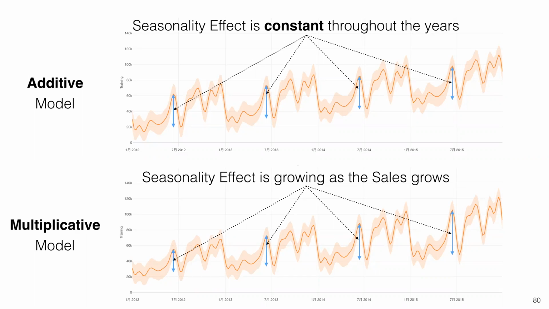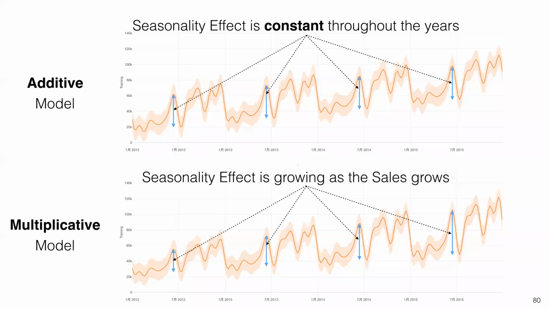That amount of change is always the same. But the multiplicative model repeats at the same timing, like every June, but the amount of the change gets bigger and bigger. In this case bigger, and sometimes it can go to the opposite side as well.